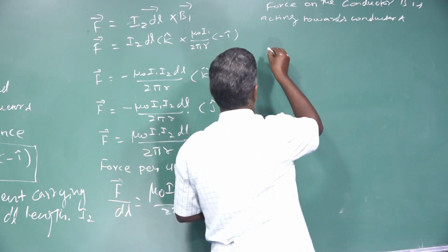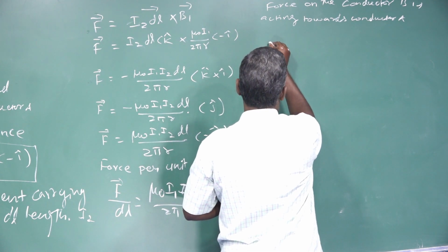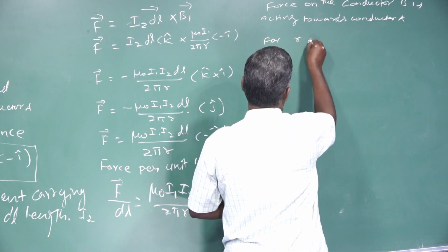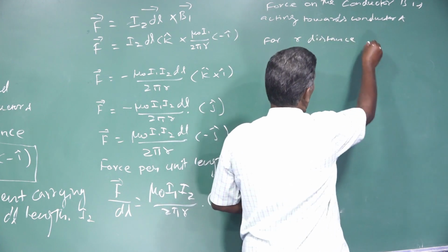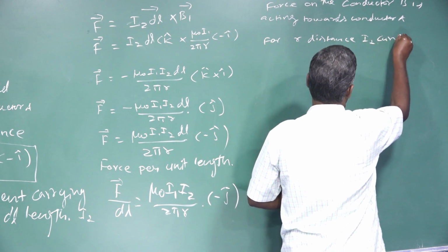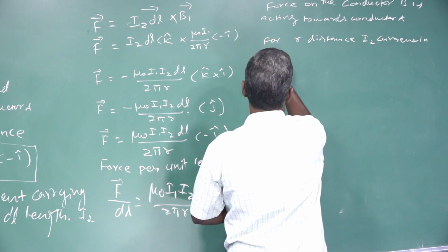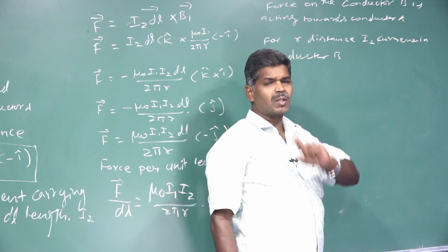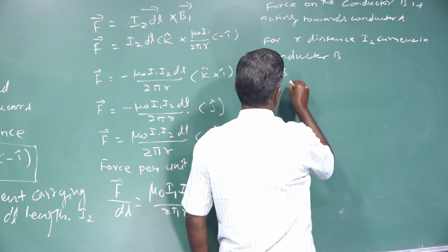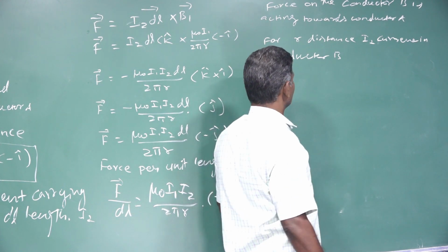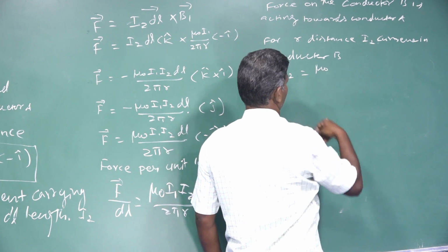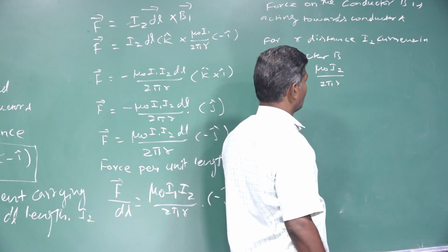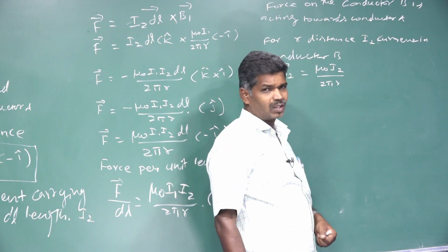There we consider the r distance and I2 current in conductor B. Conductor B produces a magnetic field, which can be taken as B2, a vector quantity. B2 vector is equal to mu naught I2 divided by 2 pi r, since the second conductor's current is I2. There we also have a direction for the second magnetic field.